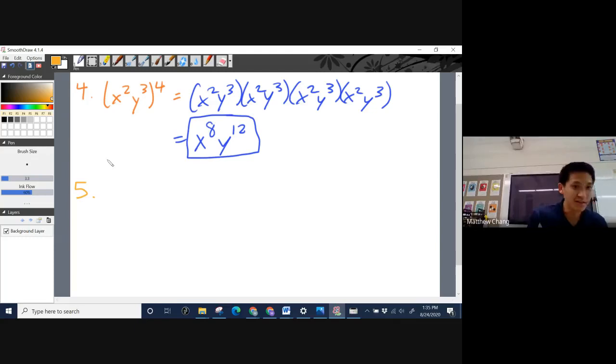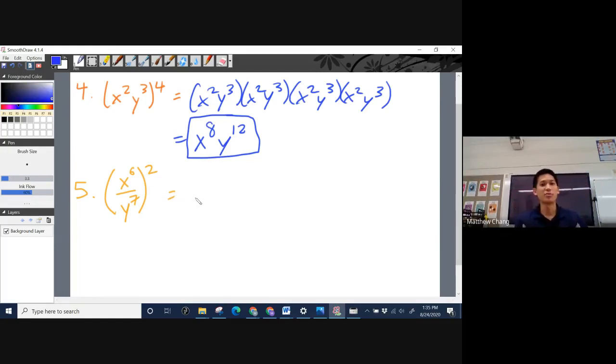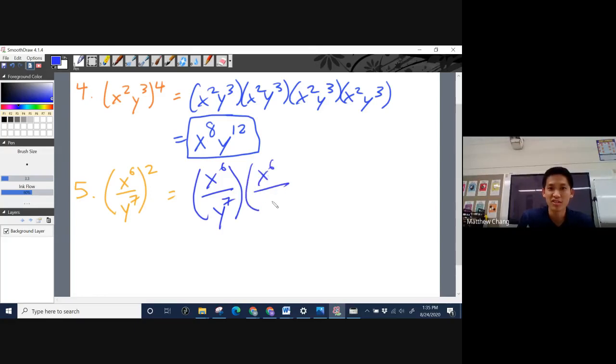Fifth one. We have x raised to the 6th divided by y raised to the 7th, and this whole quantity is squared. A couple ways that you could do it. You could write it out: x raised to the 6th divided by y raised to the 7th times x raised to the 6th divided by y raised to the 7th.